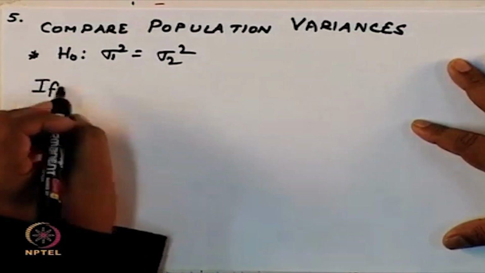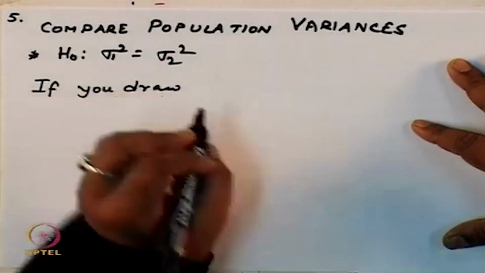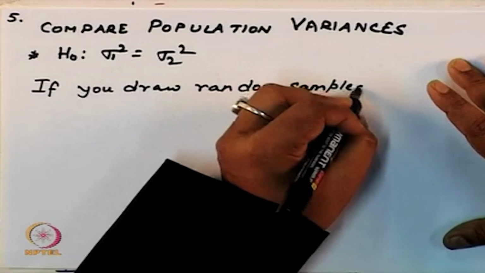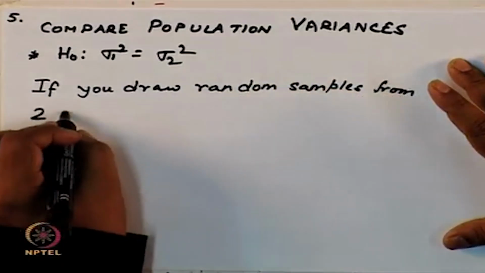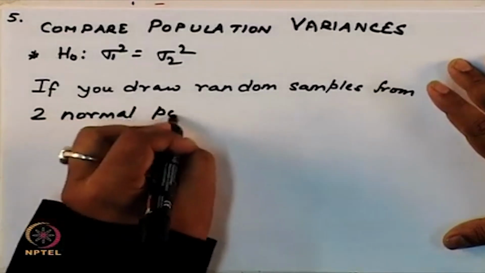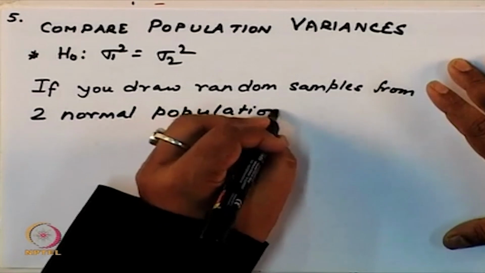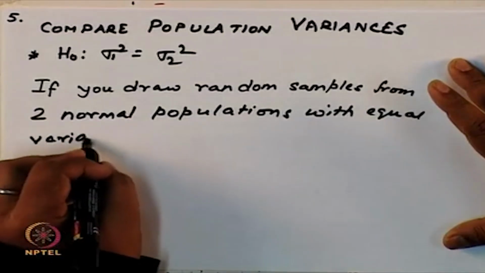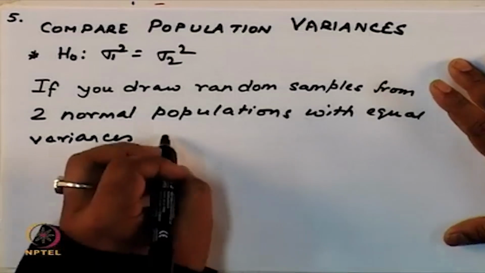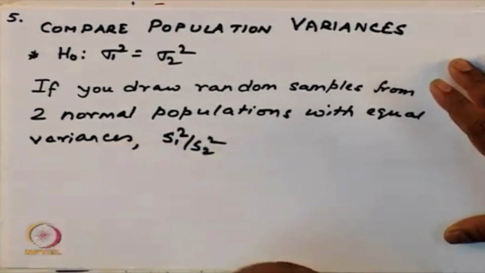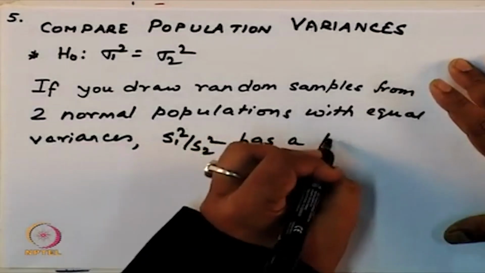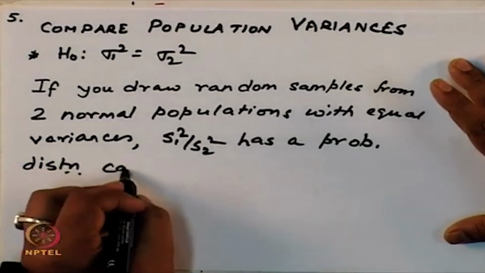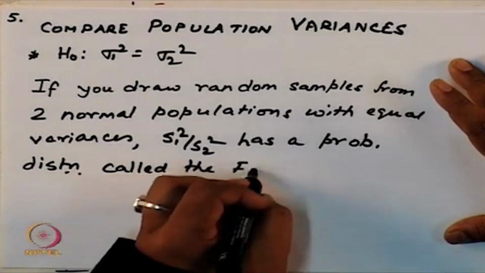And in this case, if you draw random samples from two normal populations with equal variances, then the metric S1 square by S2 square has a probability distribution called the F distribution.